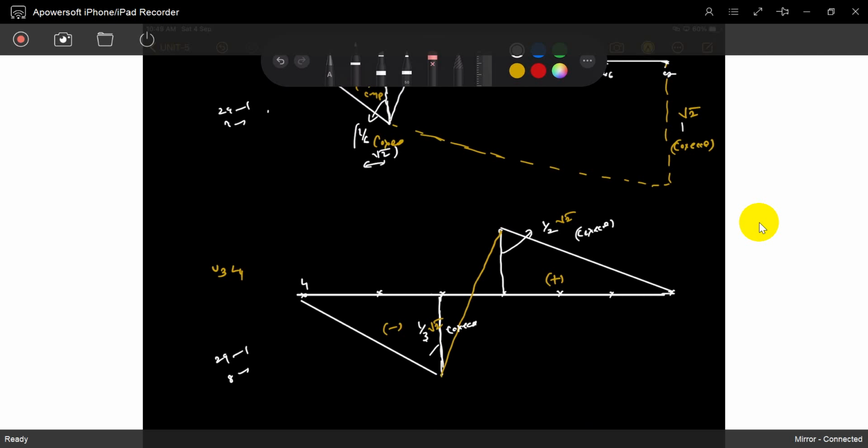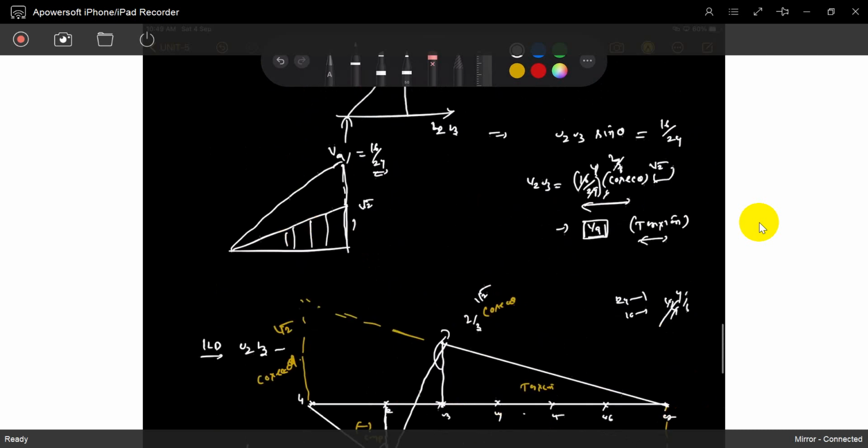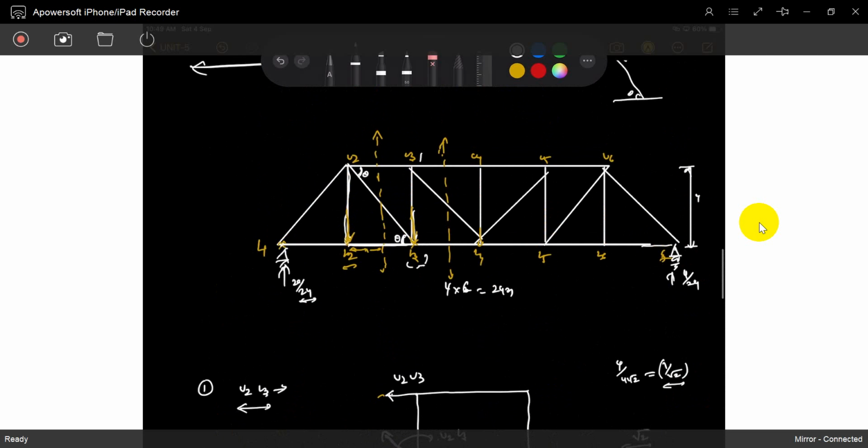So can you write down the exact replica for the other members? Now you can write down U3 L4. So next, U5 L4. For U5 L4, it is exactly the opposite of U3 L4. Exact opposite of U3 L4.